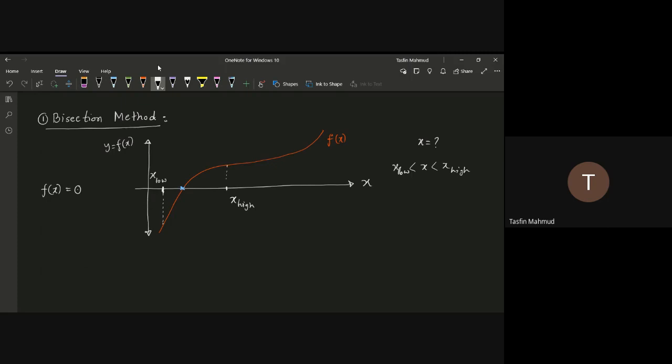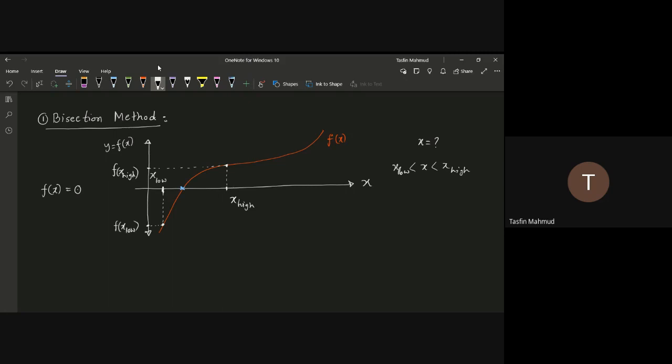This is our first task, that we will check the function value at x low and the function value at x high. So this is the y value or the function value, and this is the other function value. So this is f of x high, and this is f of x low, right?